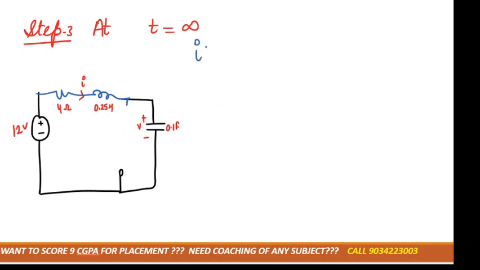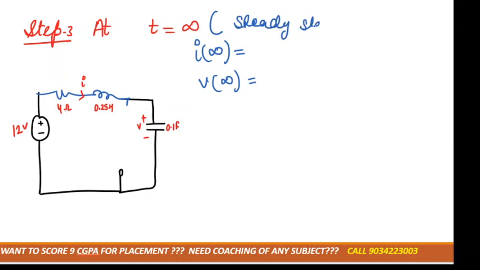Now in this case we need to calculate the current across the inductor, that would be I infinity, and the voltage across the capacitor, V infinity. As I told you, t equal to infinity is the condition for the steady state, right? For the steady state, the inductor will behave as a short circuit, correct? And the capacitor will behave as an open circuit.